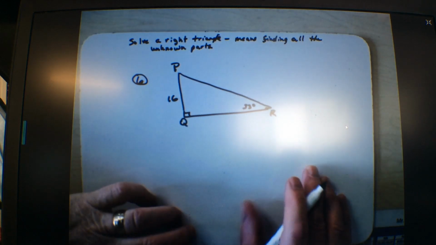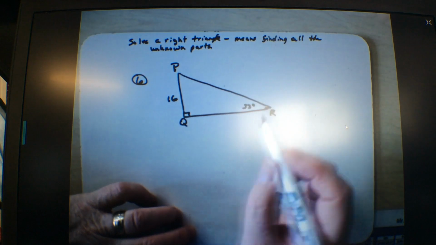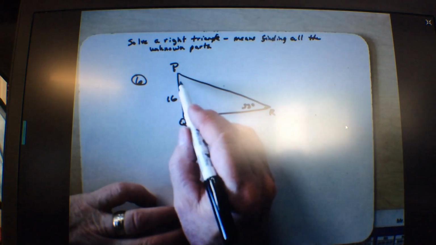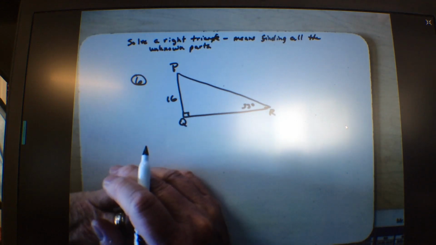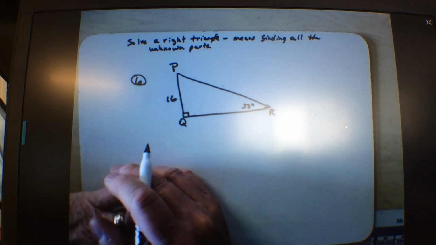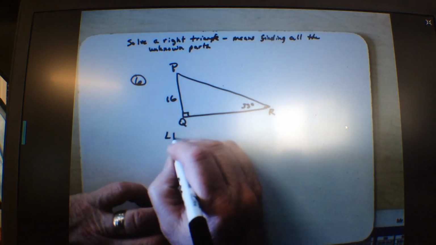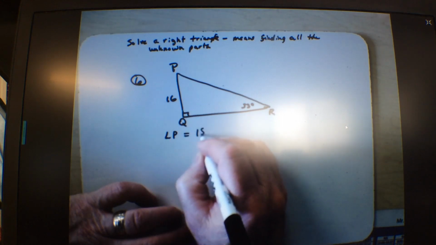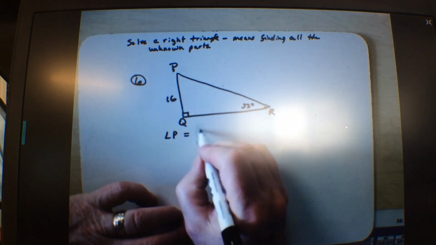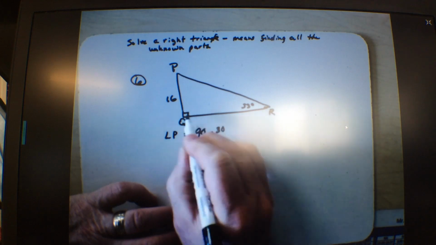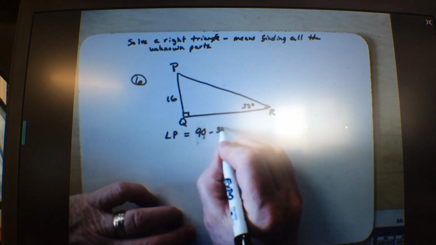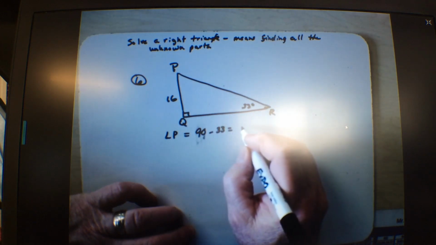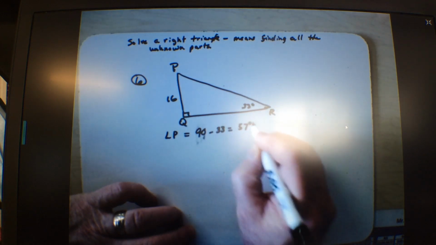The hypotenuse is unknown, this leg is unknown, and this angle is unknown. All right, what would be the easiest to start with? The angle. Tell me why. Subtract from 90. That's right. Can I just take 90 minus 33? Because this is 90, so these two have to add up to 90, right? So 90 minus 33 is what? 57 degrees, is that right?